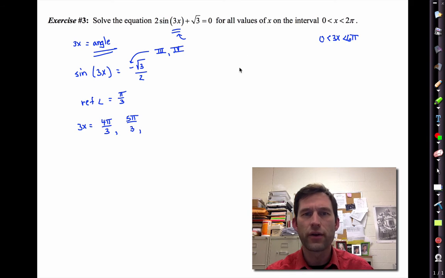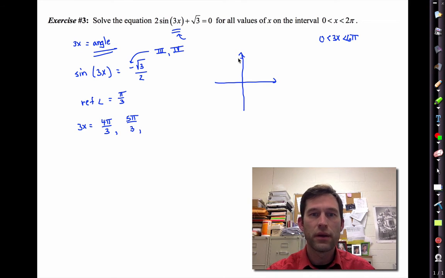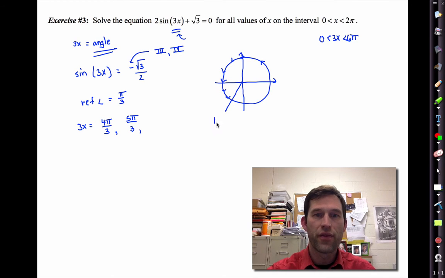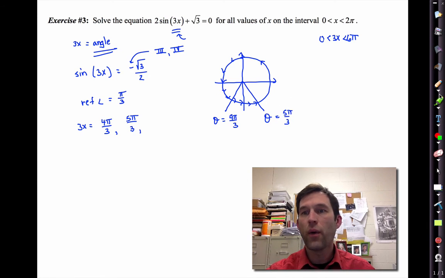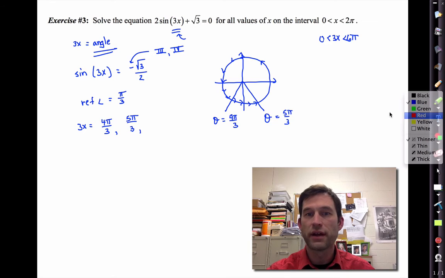Now, I'm going to draw a little diagram. Right, so my unit circle, I went around it once, and I ended up at theta equals 4 pi over 3, and then I kept going, and I ended up at theta equals 5 pi over 3. But then I keep going, and I'm going to put the rest of this trip in red.